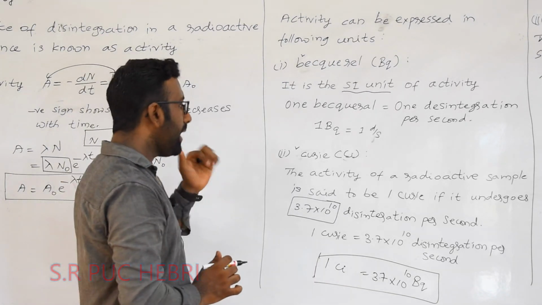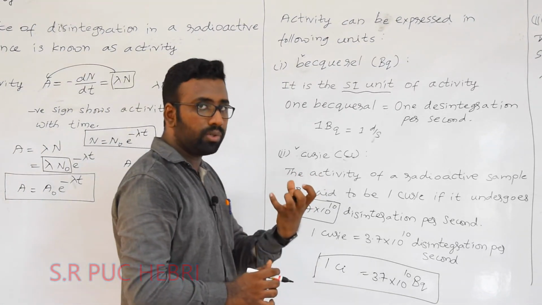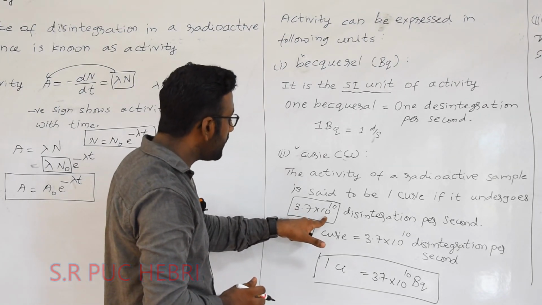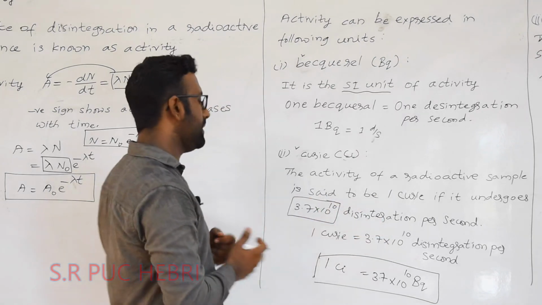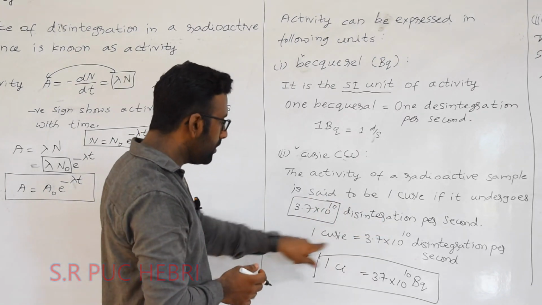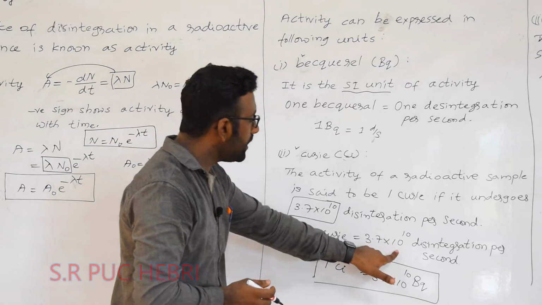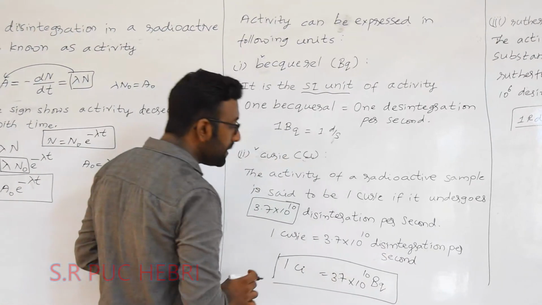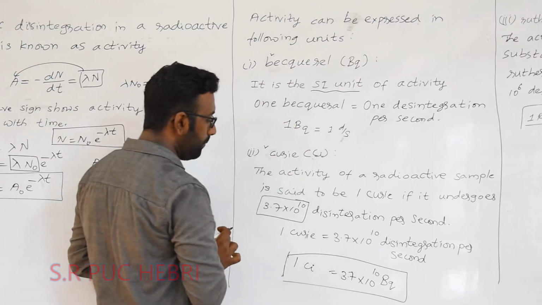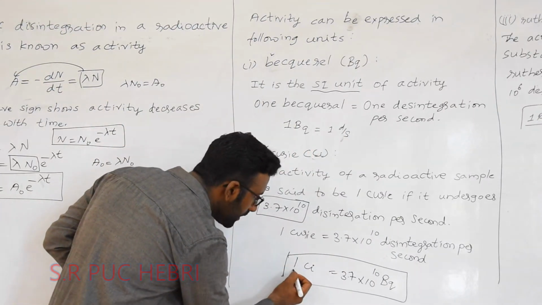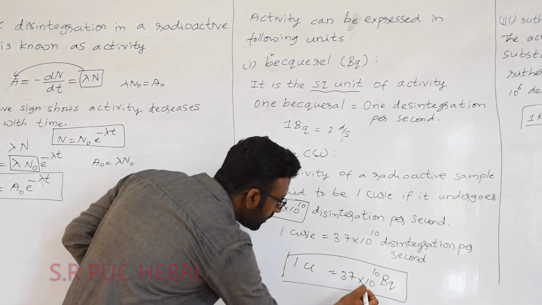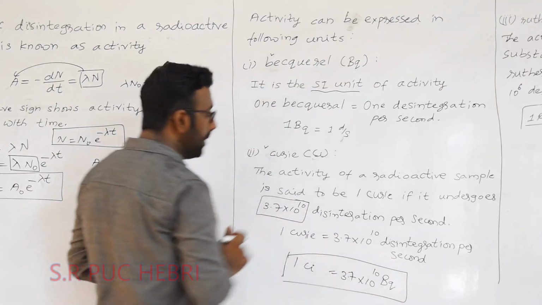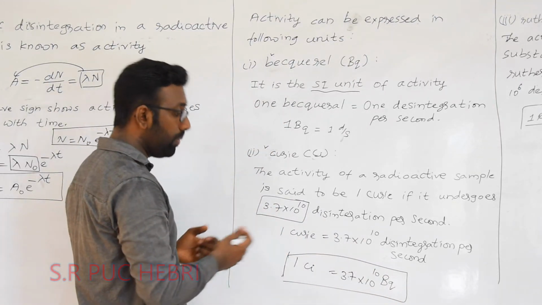And what is 1 disintegration per second? It is nothing but Becquerel. So we can write 1 Curie is equal to 3.7 into 10 to the power 10 Becquerel. This is the relation between Curie and Becquerel. You might get this question for maybe 1 mark.